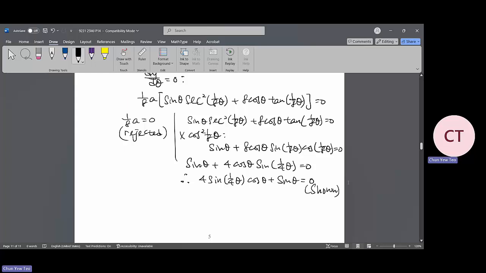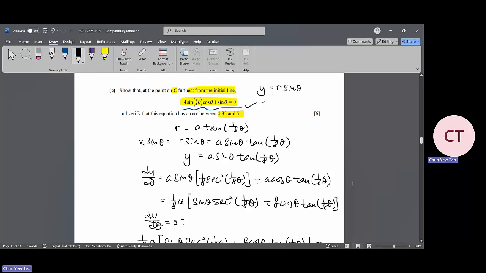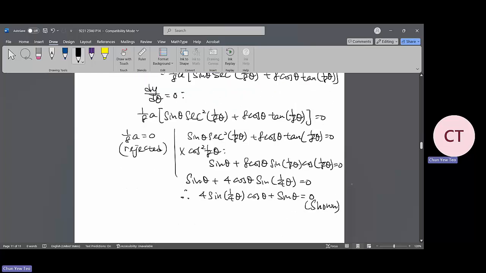Now we want to show that there is a root between 4.95 and 5. So we let this equation equal to f theta. Let f theta equal 4 sine 1 over 4 theta cos theta plus sine theta.